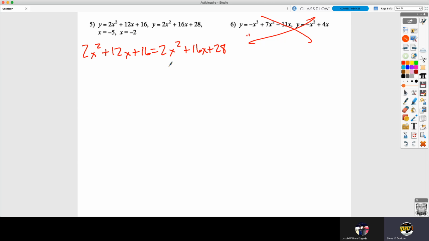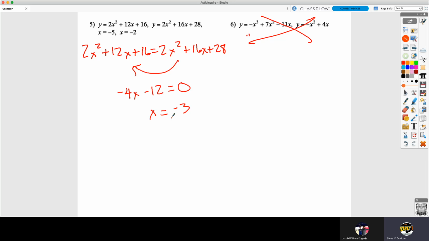I'm going to move these this way. So the 2x's cancel, subtract the 16, and subtract the 28. Set that equal to 0, so then x equals, looks like -3.